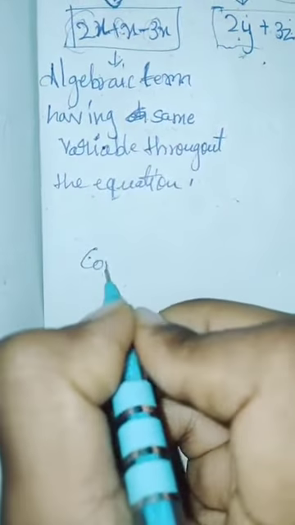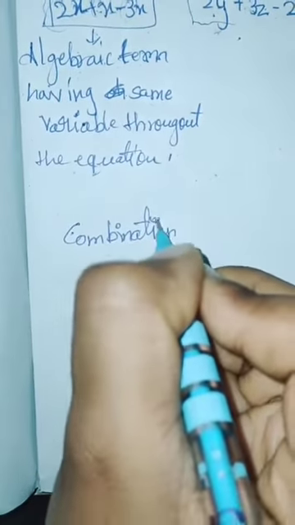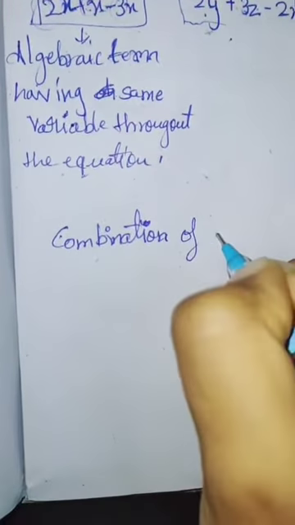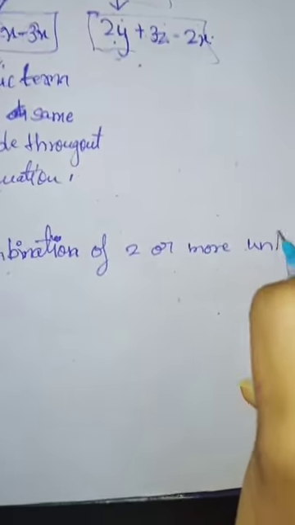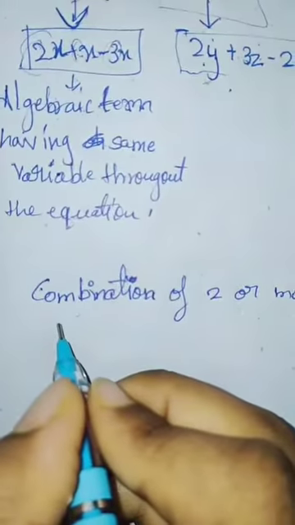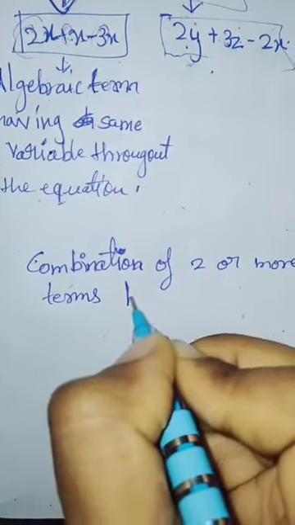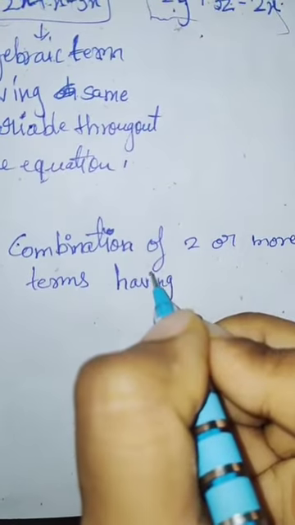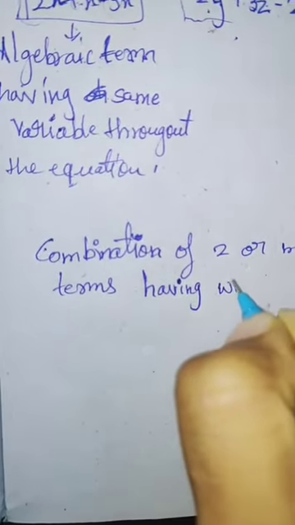The definition will be like this: an algebraic expression is a combination of two or more unlike terms, unlike or like, whatever it may be, with fundamental operations.